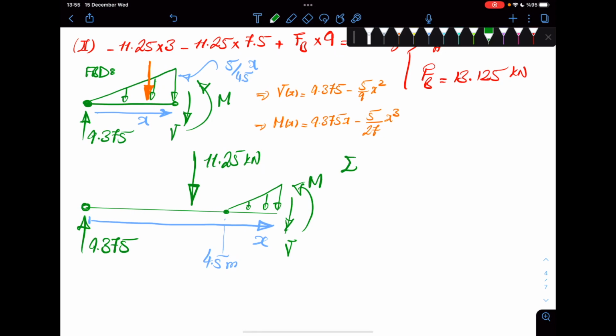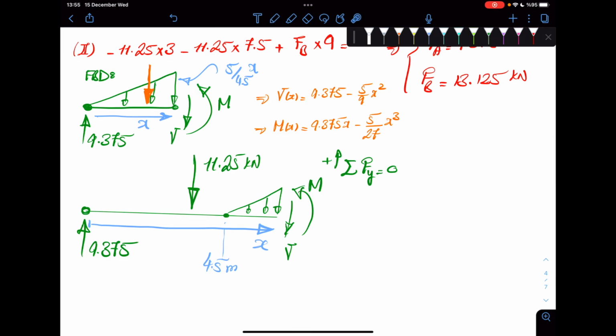Again, let's say if you write equilibrium of forces in the y direction, assuming upward is positive, and we learned how to handle this relationship. This was 5 over 9x squared previously, right?